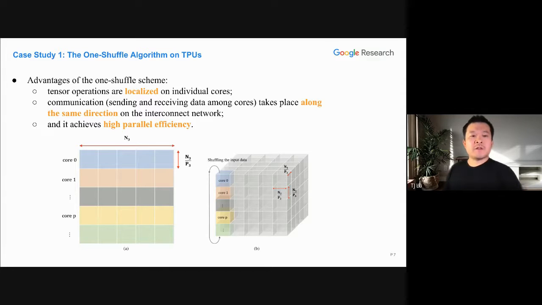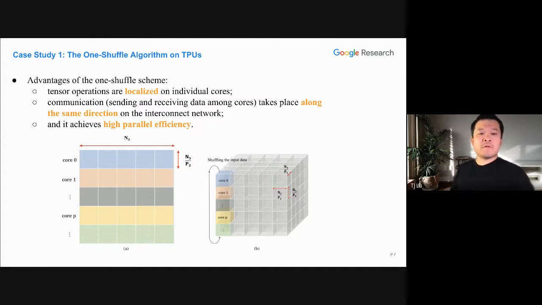There are three advantages of the one-shuffle algorithm. First, tensor operations are localized on individual cores. Second, communication takes place in the same direction along the interconnect network. And third, it achieves high parallel efficiency.